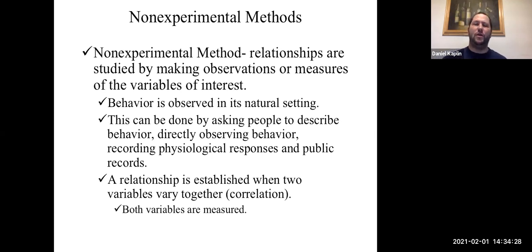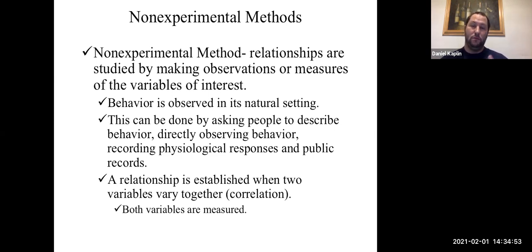The next thing I want to talk to you about are non-experimental versus experimental methods. A non-experimental method is a study where you're not manipulating an independent variable. So non-experimental methods include what we talked about in our first lecture, observational strategies and correlational strategies.